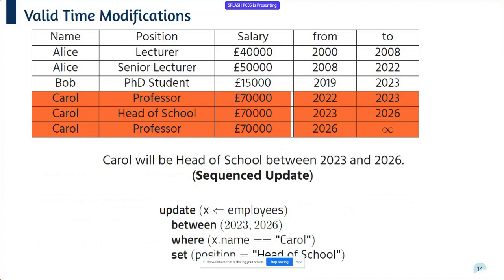Then it's the period where she is head of school, between 2023 and 2026. And then it's the period afterwards when she's reverted to being a professor, from 2026 onwards. And again, we don't need to do anything particularly fancy here. We've just got a straightforward update where we have this between clause saying that we want to apply this update between 2023 and 2026.